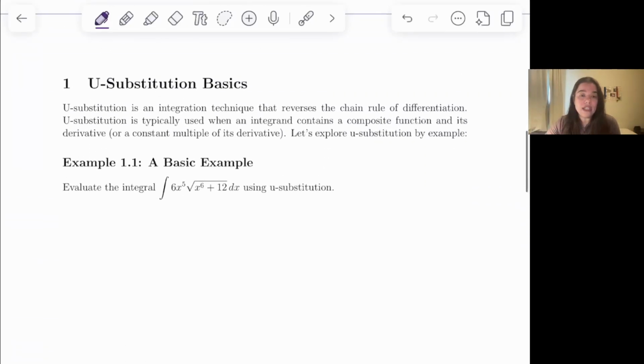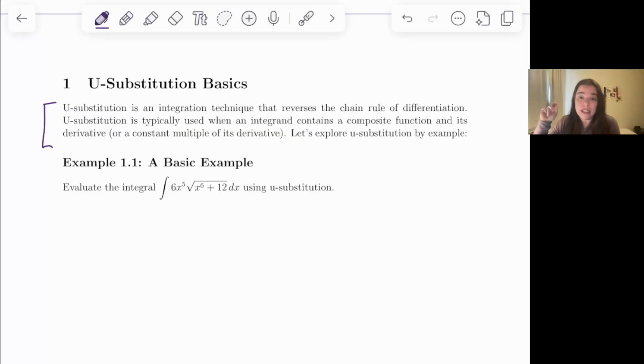So let's just introduce the idea of U-substitution, and let's just read through this as it's important. U-substitution is an integration technique that reverses the chain rule of differentiation. So you can think of this as like the inverse of the chain rule, I guess. Not really an inverse, but reverses is a good word. We're undoing the chain rule from differentiation.